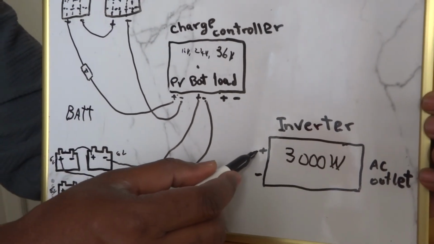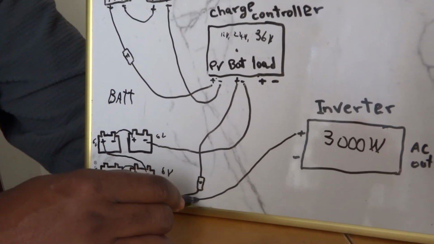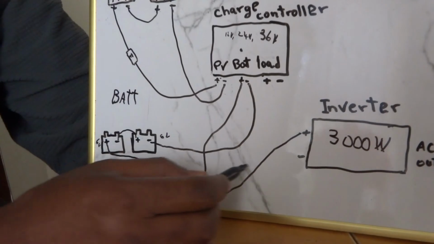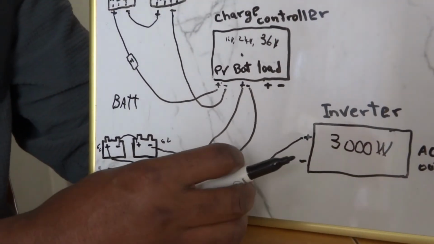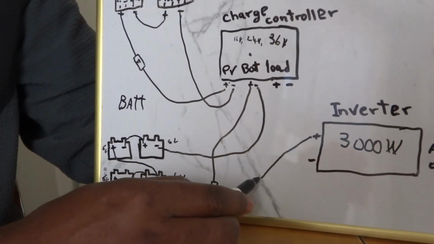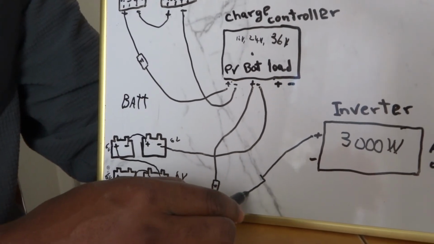The positive here goes to the positive directly. In this diagram you won't be able to see what I'm talking about, but this wire should be at least size 4 or 2 or 1, depending on the load you're going to put on the battery.